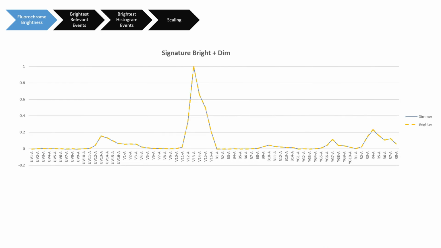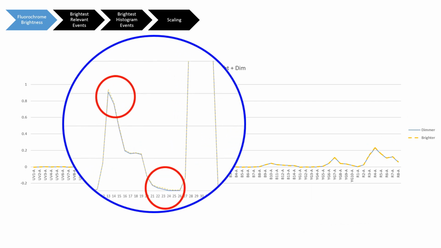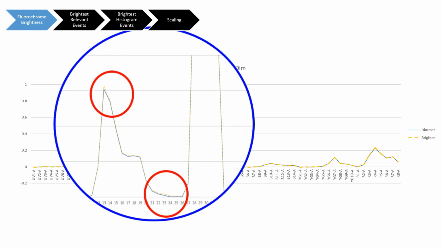If we look at the normalized signatures of bright and dim references, they appear to be extremely similar. In fact, Spectralflow's similarity matrix put them at a 1. However, if you zoom in, you can see that there are minor differences in the signatures. There is some loss of signal in the dimmer reference in the secondary peaks.